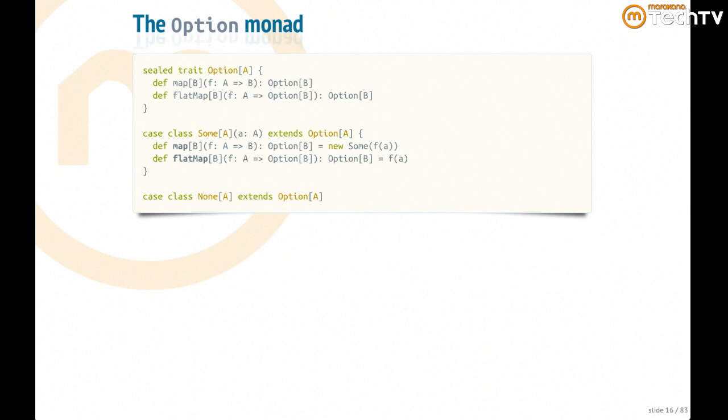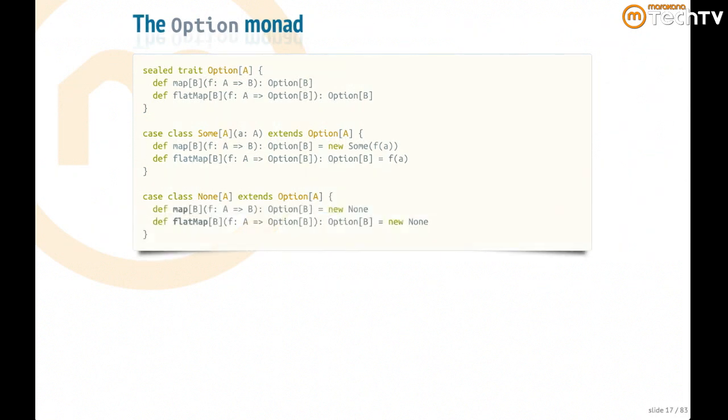Now, for the next case, our None case, it's a little bit more interesting. It's very straightforward, but it's kind of cute. If we have a None value, in other words, a value representing essentially null or a failed computation, when we apply some function to that via map, what we would expect to happen is we still have null. We still have a failed computation.